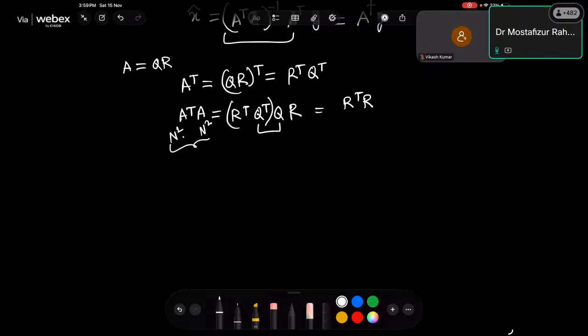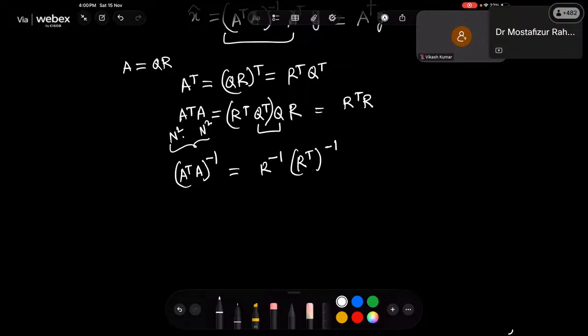So basically when you do A transpose A inverse, that means you do R inverse and R transpose inverse, something like this.